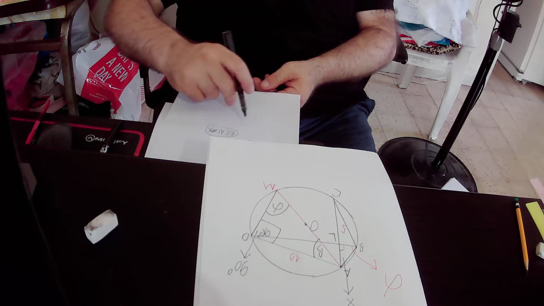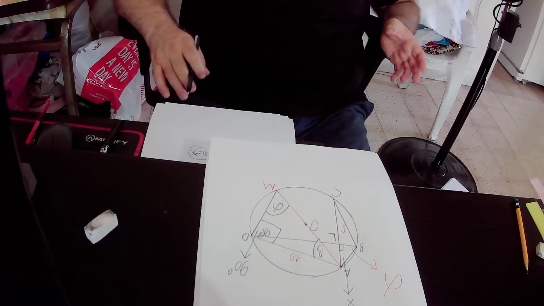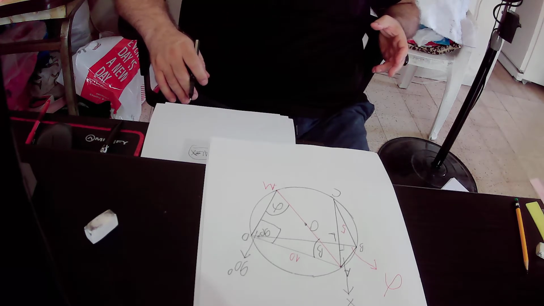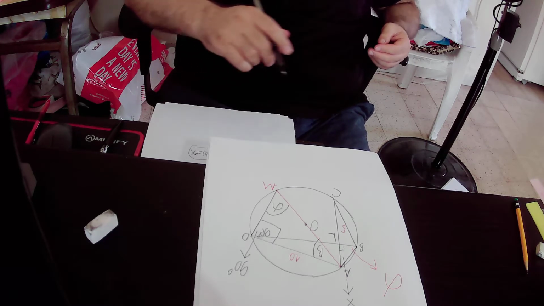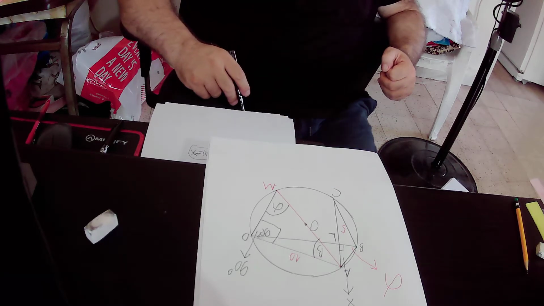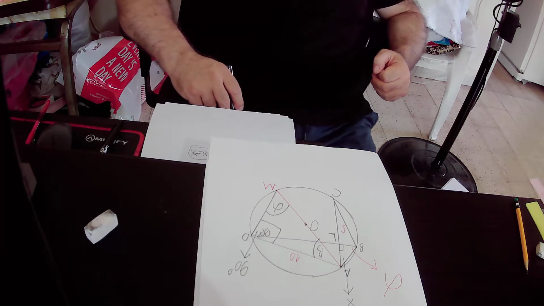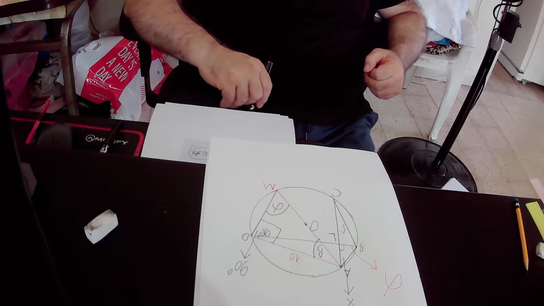As you already know, in every triangle in the world, the sum of its angles equals 180 degrees, and it is especially true for the right triangle ABL. The sum of the angles of triangle ABL equals 180 degrees.